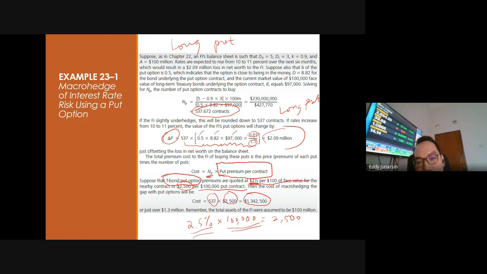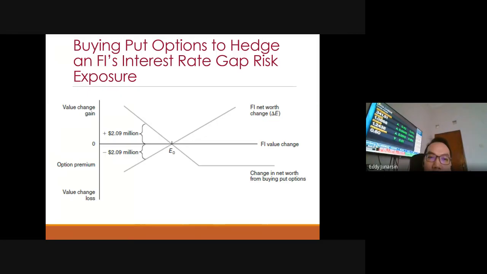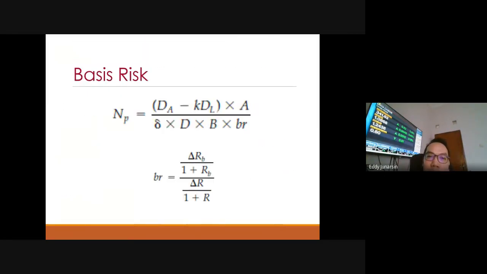But if you're talking about a lot of contracts like 537, or sometimes 1,000 contracts and so on, the cost of buying or taking a long position is not minuscule. It could be quite significant and enormous. Okay, so again, they match one another, hopefully.